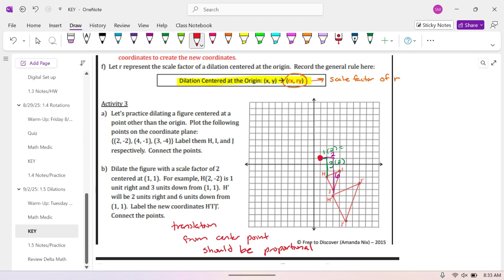And again, that just means that you can multiply or divide and get your starting one. And again, I mainly just want you to know centered around the origin, but there may be a bonus question on the test that goes that way. All right. Any questions?